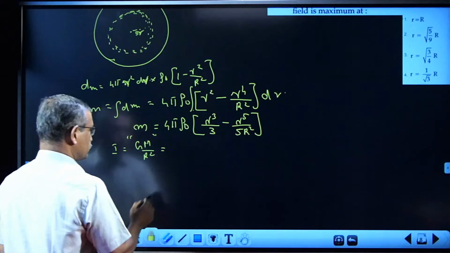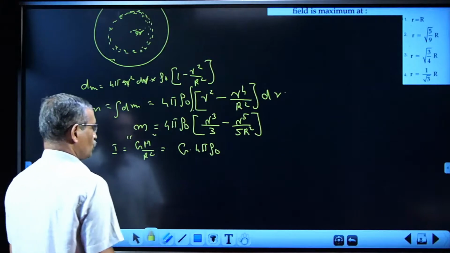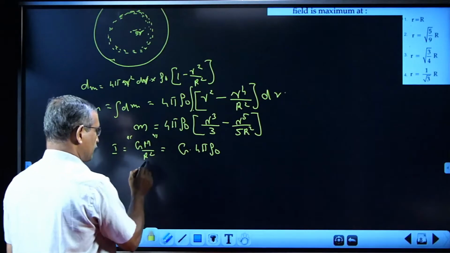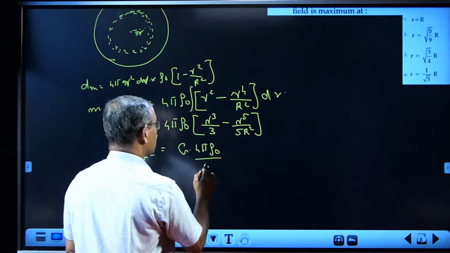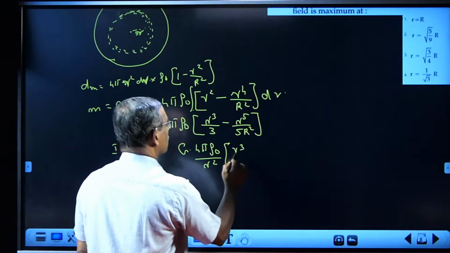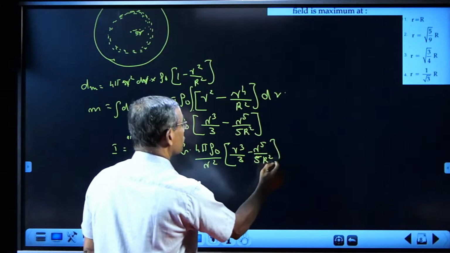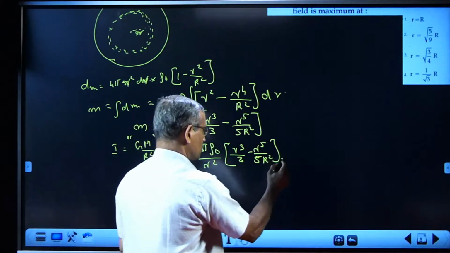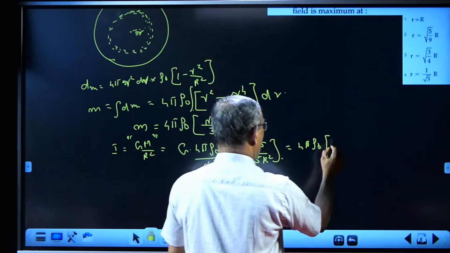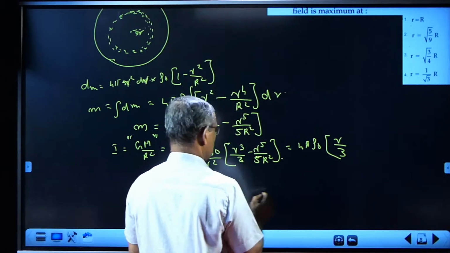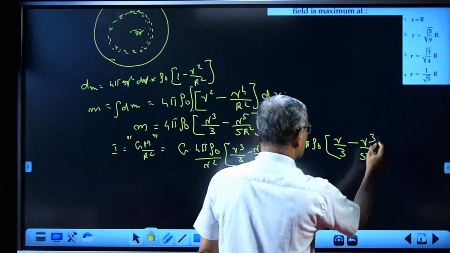Here we can write that as G into 4 pi rho, and here m is equal to small r raised to 5 by 5 capital R squared, and r cube by 3 minus that. Take that inside. This becomes 4 pi rho G times r by 3 minus r cube by 5 R squared.